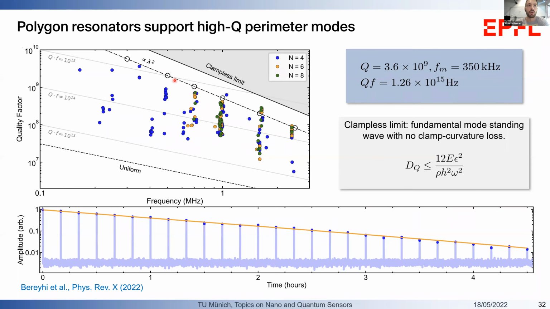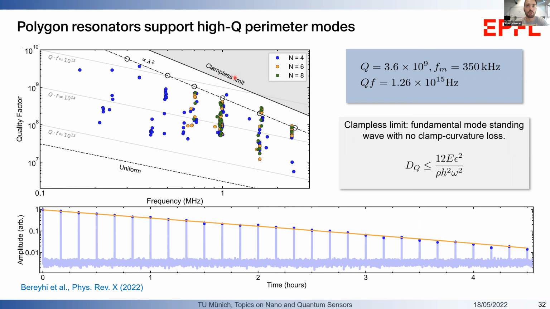And moreover, for the envelope of the data points that we recorded of quality factor versus frequency, we see the 1 over lambda square scaling that is characteristic of soft clamping, as we expect. And it doesn't quite touch the clampless limit due to the additional torsional contribution in the tethers, or also in the polygon sides. There is a little bit of torsion during the motion.